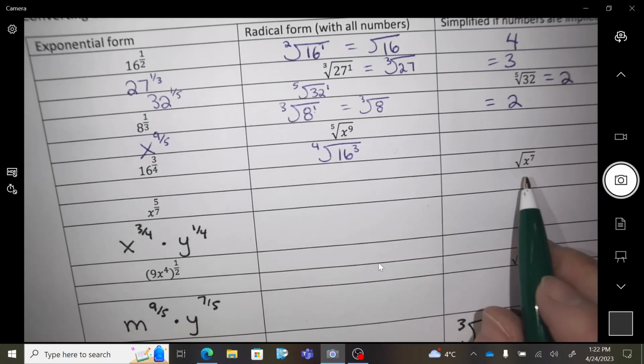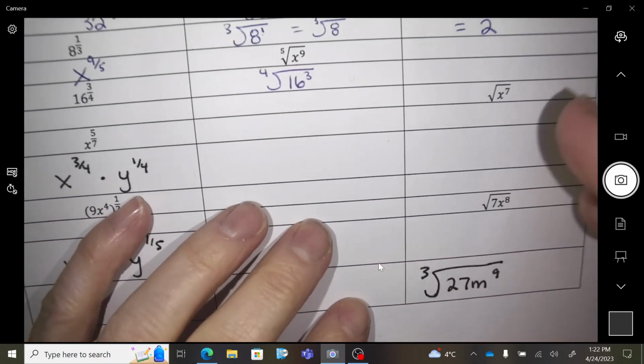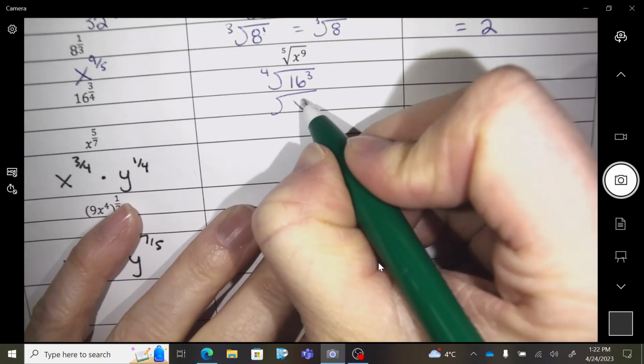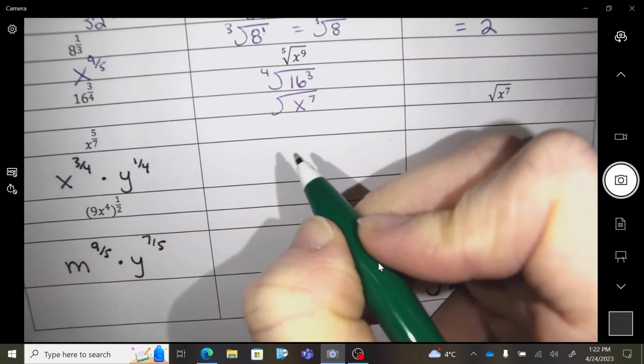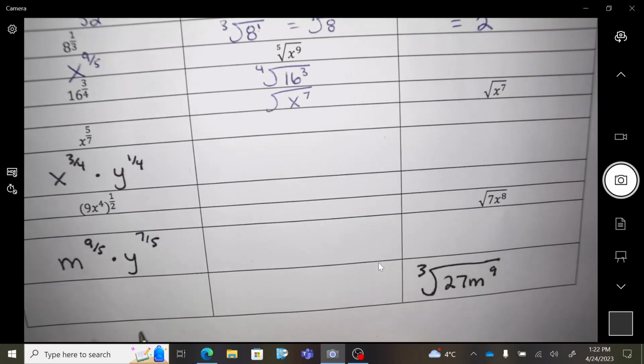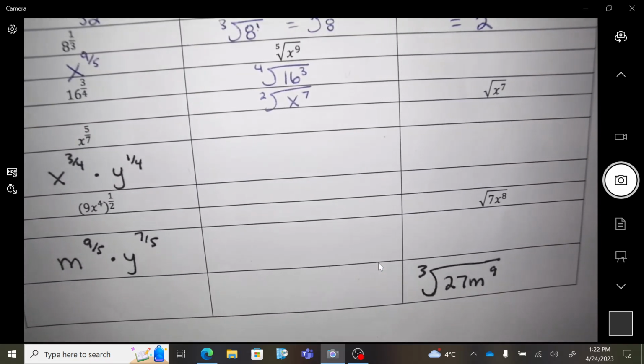Okay. Next one. The square root of x to the 7th. So do you understand when you do the square root, what's really the radical number you're taking? 2. There's a secret 2 out there, but I'm not going to ever show it. If you do a square root, it's the second root of something.